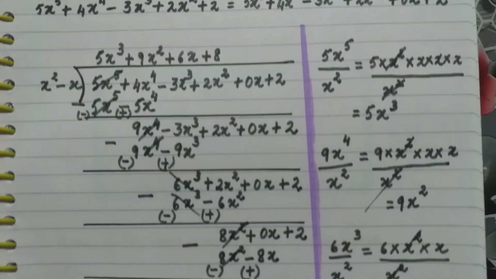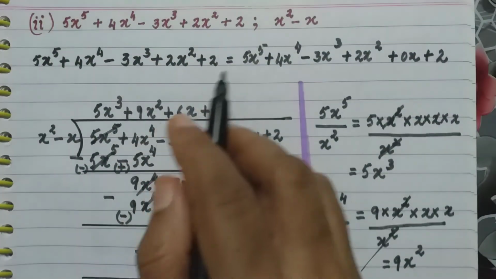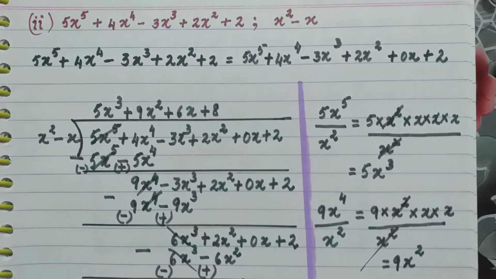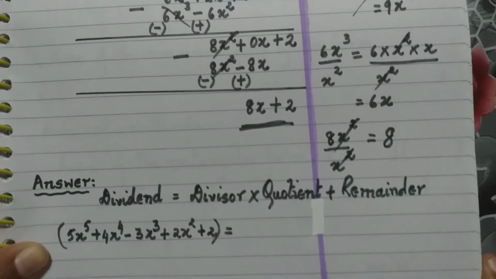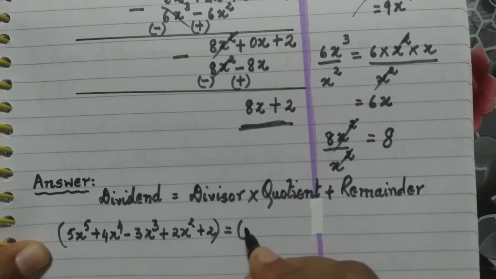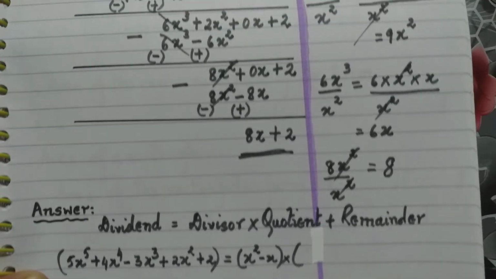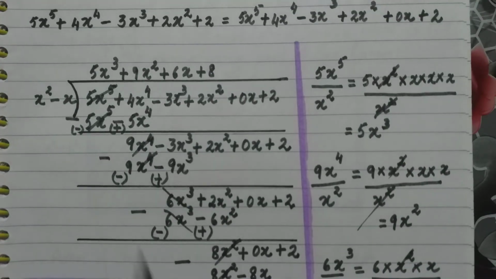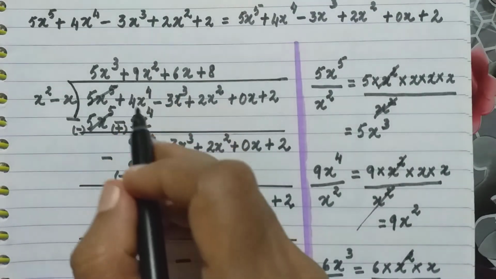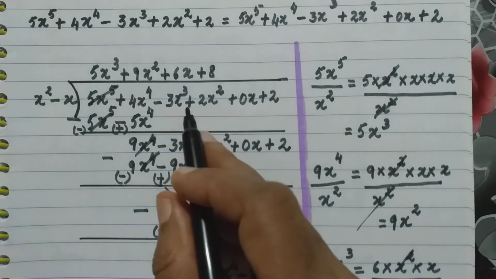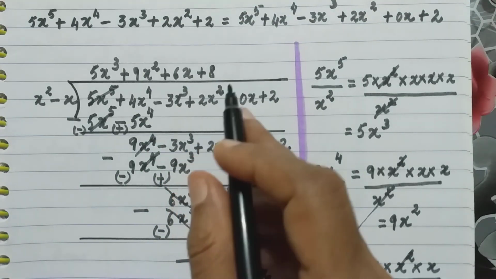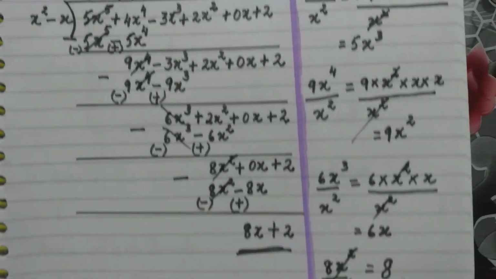Divisor was x square minus x. So I write in place of divisor, within the bracket, x square minus x, into the quotient, which is 5x cube plus 9x square plus 6x plus 8.